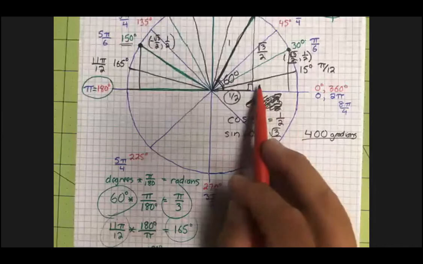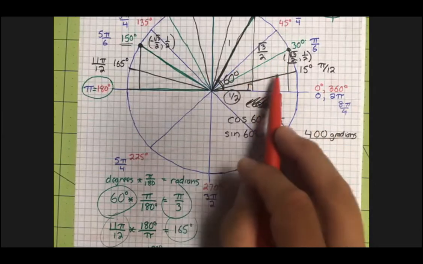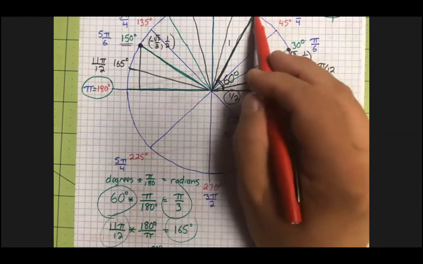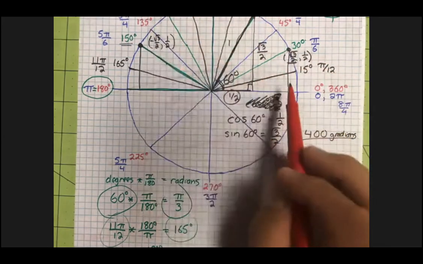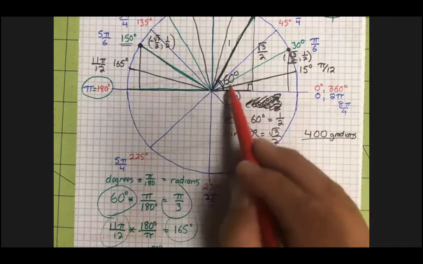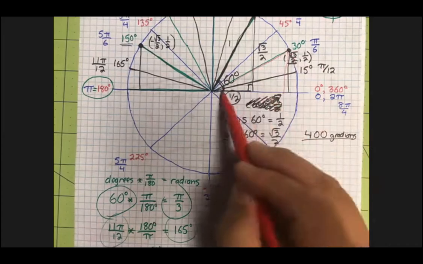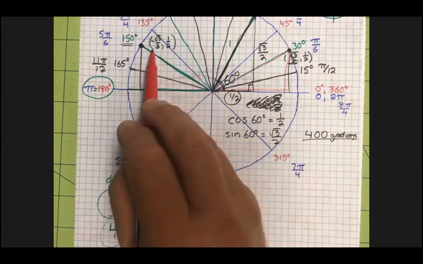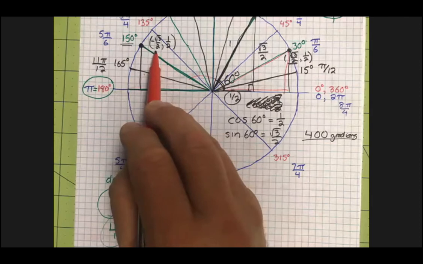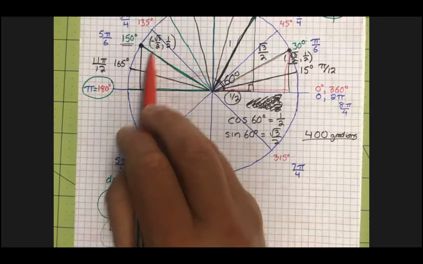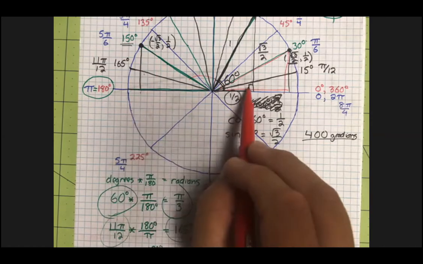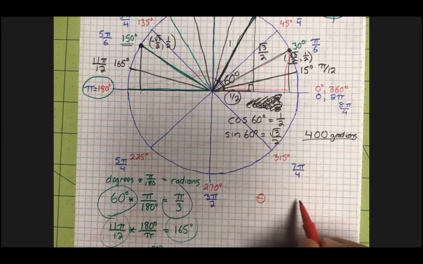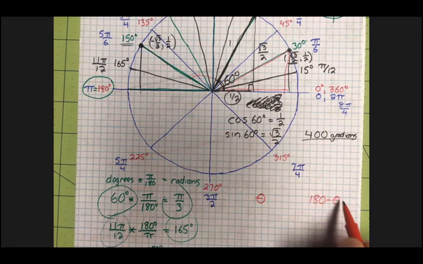Not only does the unit circle show you the sine and cosine of every angle by the point that the line intersects the circle, I also want you to absorb that if you have a 30-degree triangle, sine and cosine on the right side, and you flip it over, now you get a 150-degree angle with the same sine and cosine, except the cosine portion is now negative because you've gone over to the other side. You've gone 180 minus theta.